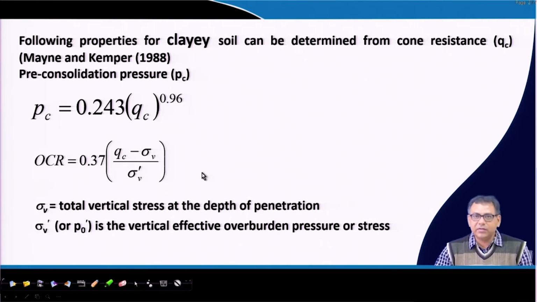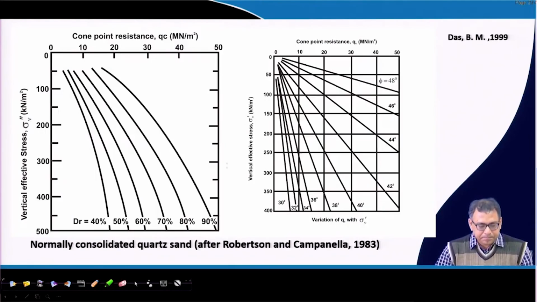As you know, for normally consolidated soil we generally consider the OCR value equal to 1, and for over consolidated soil the OCR value is greater than 1. So, this OCR you will also get from the cone resistance.